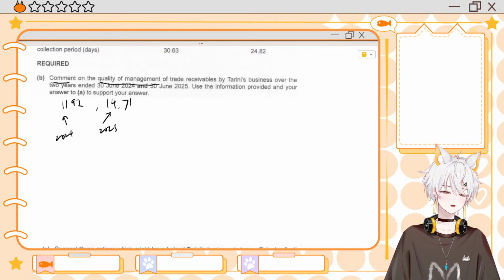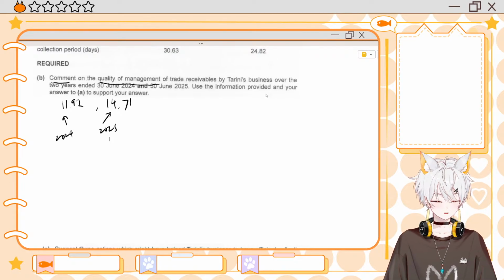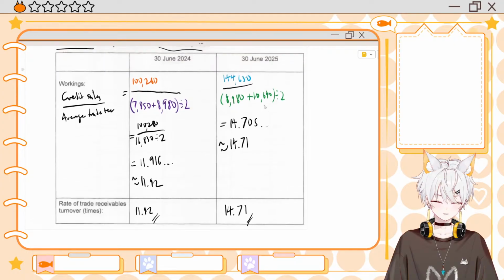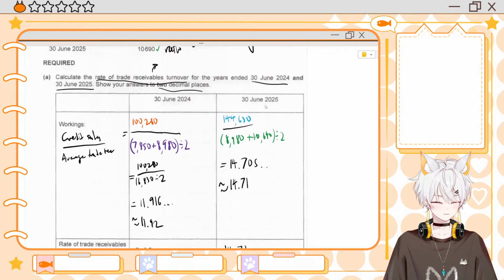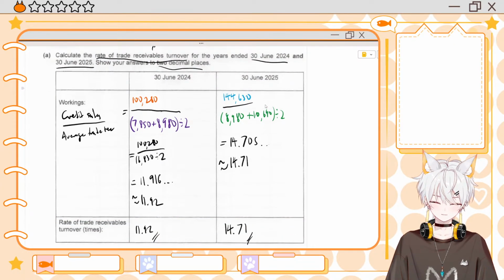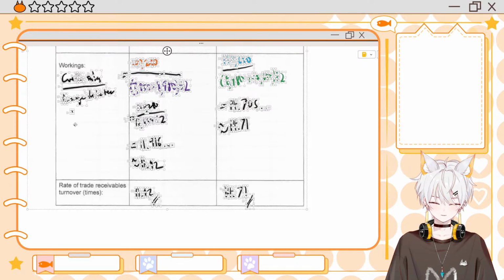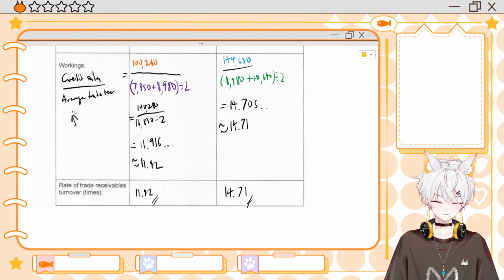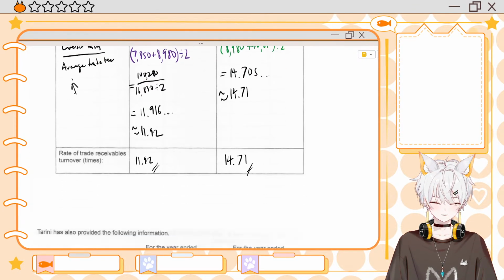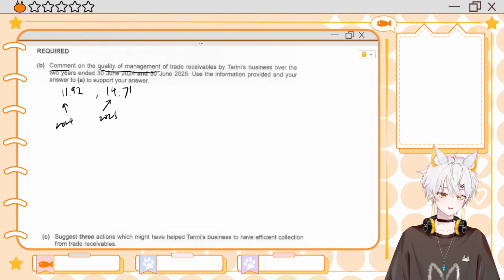And the fact that it increased, right, could mean good things, but you need to look at the most important part, which is actually the average trade receivables. Okay, so your average trade receivables is important. Okay, so why is that? If your denominator has decreased across the year, right?